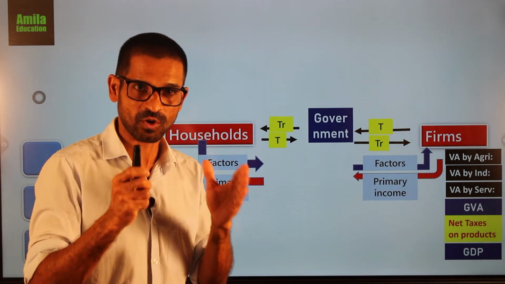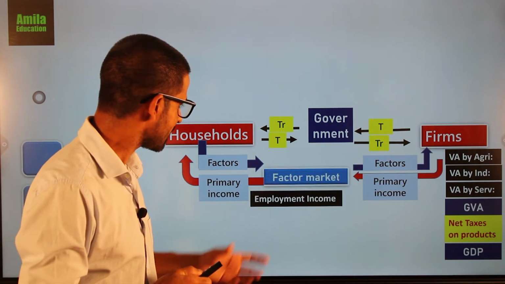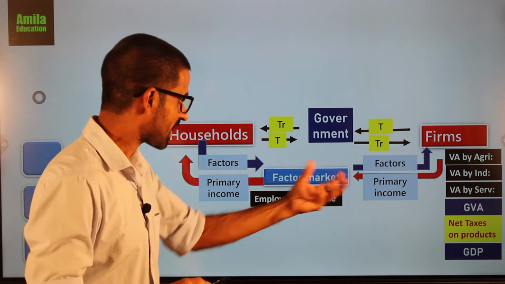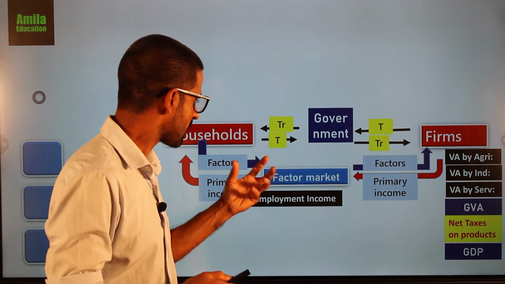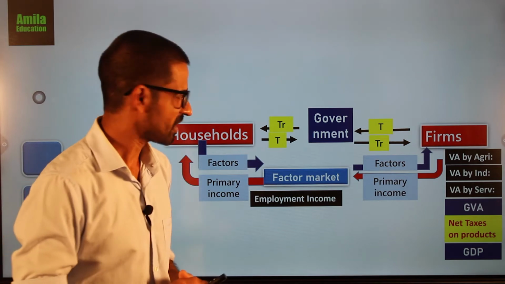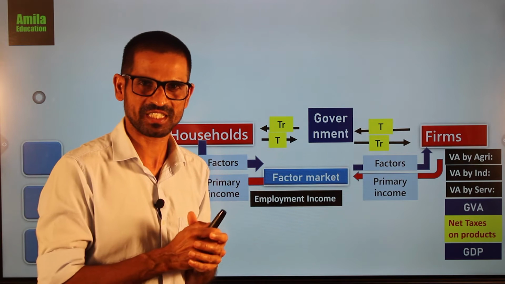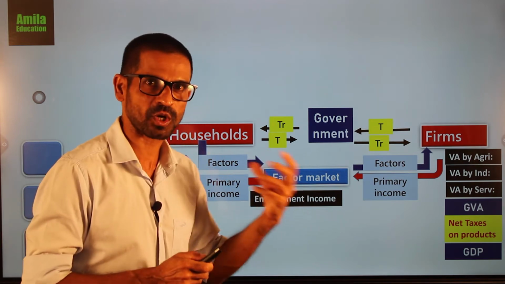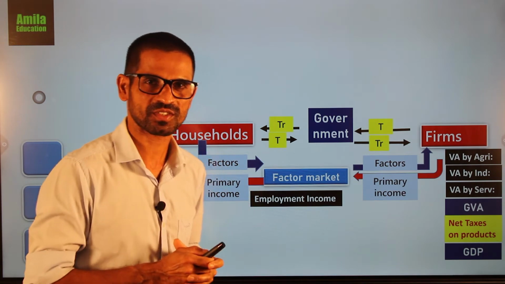In this case, we go for a broader concept which is known as employment income. The market where these transactions happen, we call the factor market. Normally the payment for labor is salaries and wages, but here the broader concept is employment income, or compensation of employees.